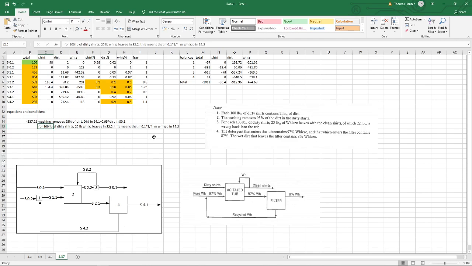Right? So if you look at the relationships, doesn't that check out? Now I'm actually confused. Hang on. Yeah, so if I have 100 pounds of dirty shirts, I'll have 25 pounds of Wizzo leaving. So if I have X, a quarter of that in Wizzo will exit in, which stream was it? 2.2.